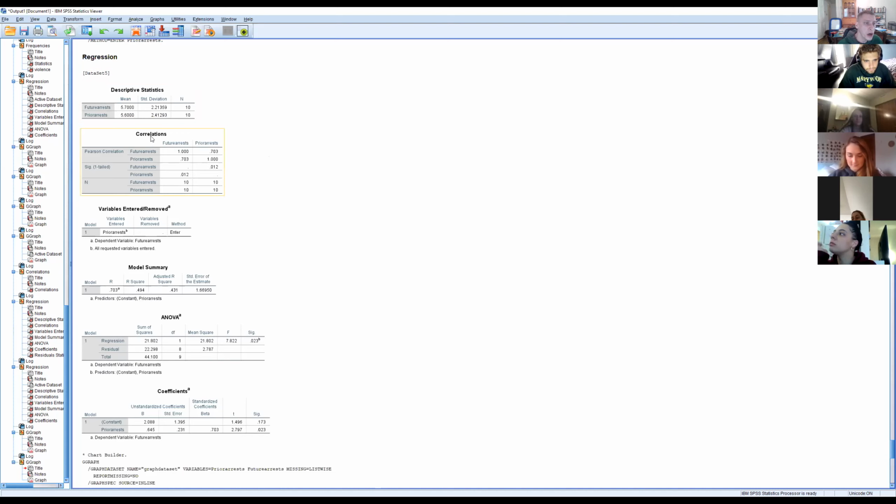Here it's giving you a correlation matrix, a correlation between future arrests and prior arrests, and the correlation is 0.703. So it's a strong positive correlation. It's showing us a one-tailed test instead of a two-tailed test. I'm not sure why it's doing that.